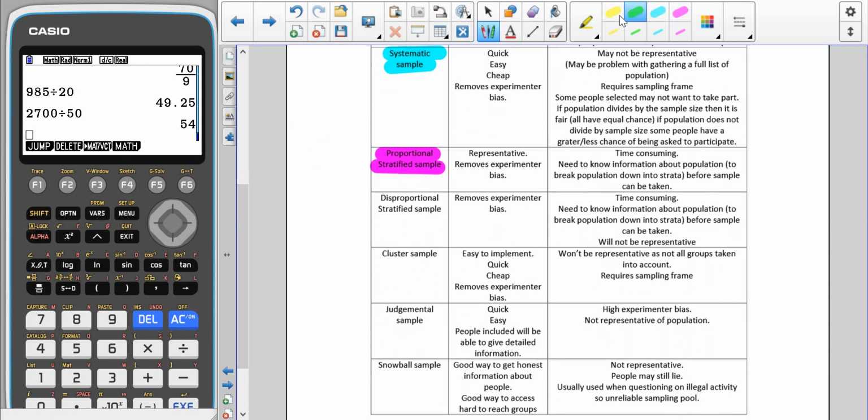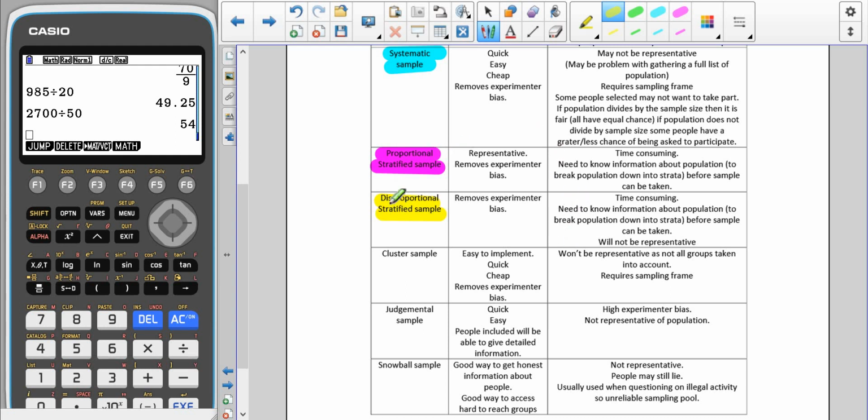We also have a disproportional stratified sample, and same as with the proportional stratified sample, it still removes experimental bias, but this time it's not going to be representative because we don't have the same amount of views in proportion to the whole of that strata's size in our sample.